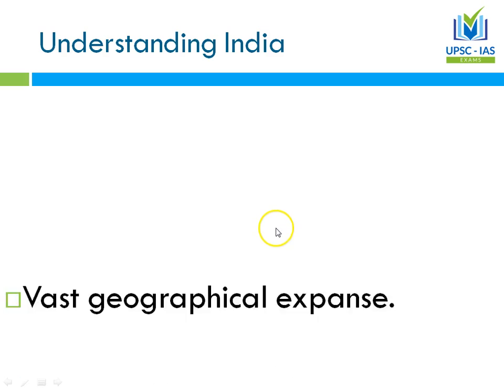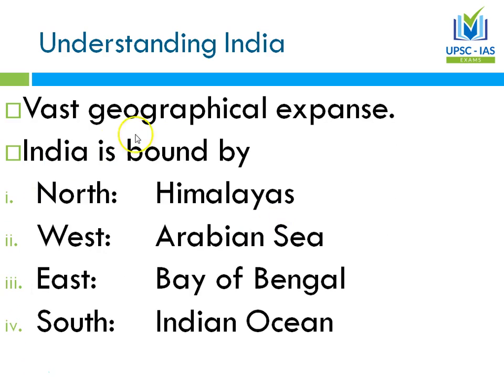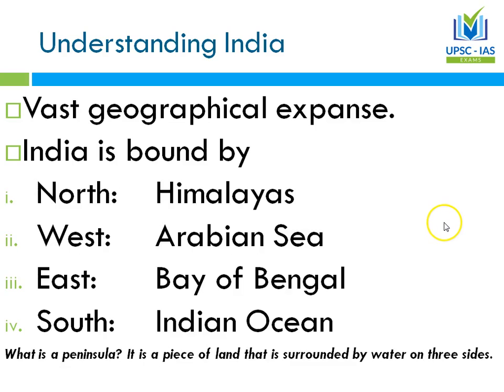Right, so moving on, we know that our country is surrounded by four major things. One is the Arabian Sea on the western side. On the north we have the Himalayas, east the Bay of Bengal, and south the Indian Ocean.